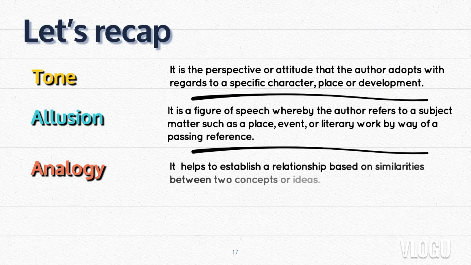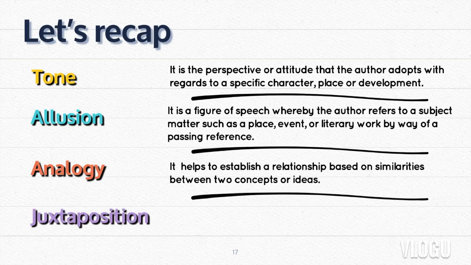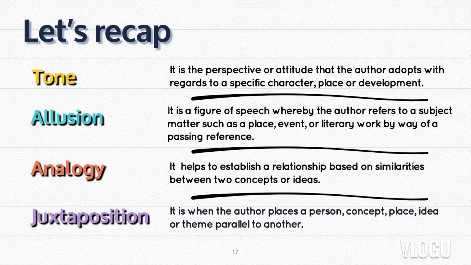Analogy. It helps to establish a relationship based on similarities between two concepts or ideas. And finally, we have juxtaposition. It is when the author places a person, concept, place, idea, or theme parallel to another.